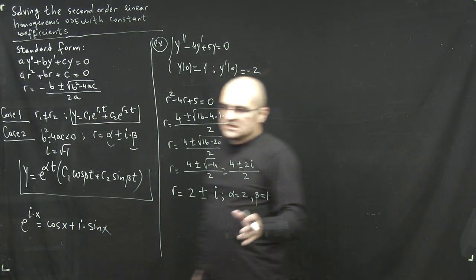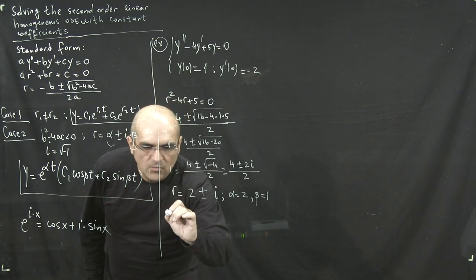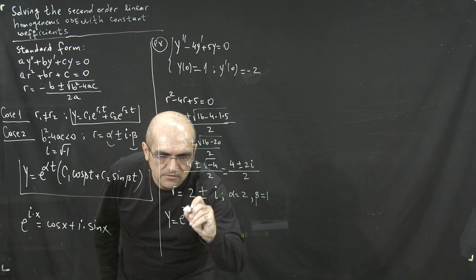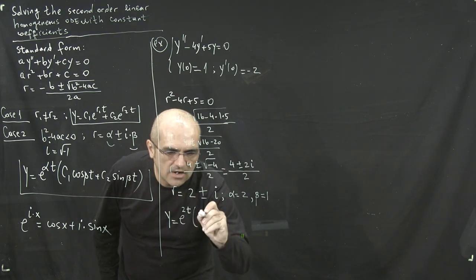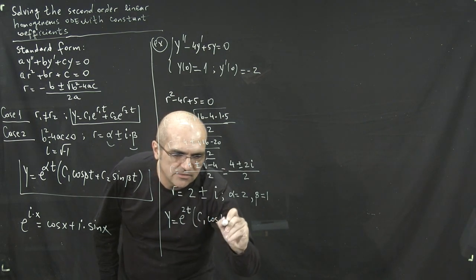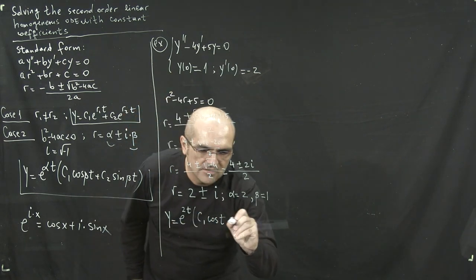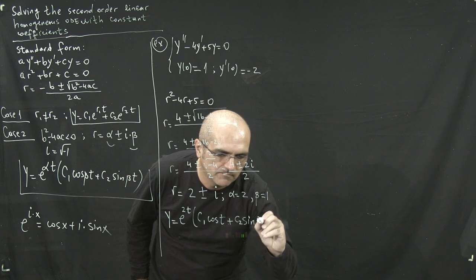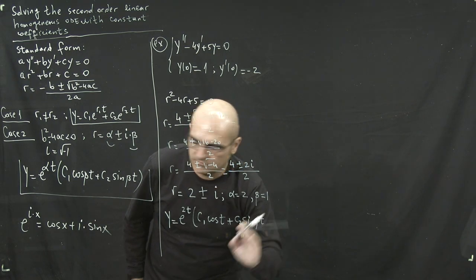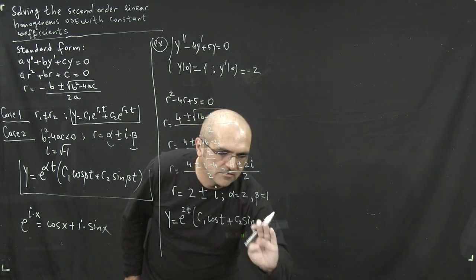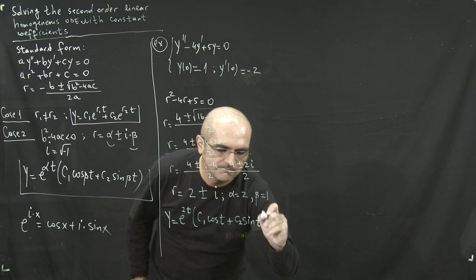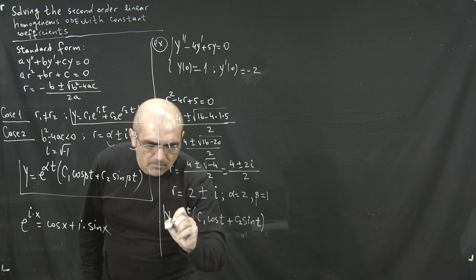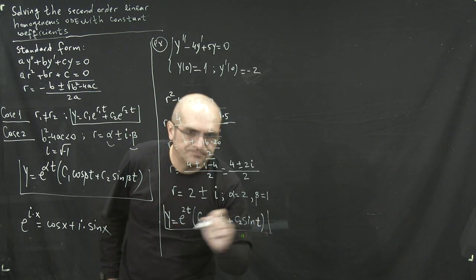So once you're done with this, again, according to the formula, y would be e to the 2t, alpha is 2, c1 cosine of beta t, which is 1 times t, plus c2 sine of beta t. Sine of 1t, right? Because beta is 1. All right. So that's the general solution.